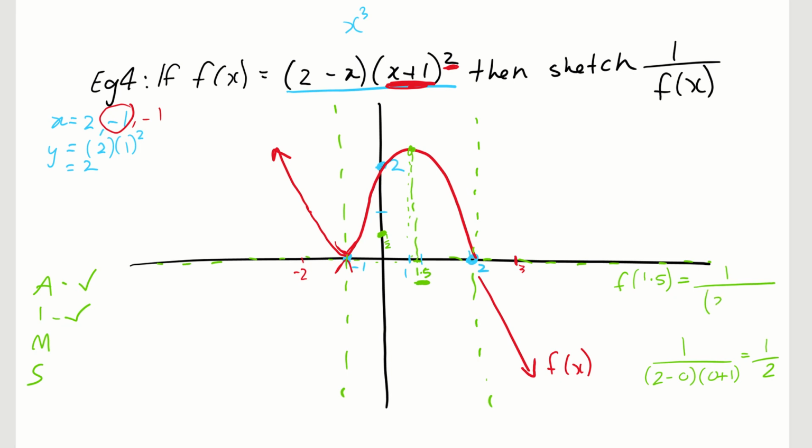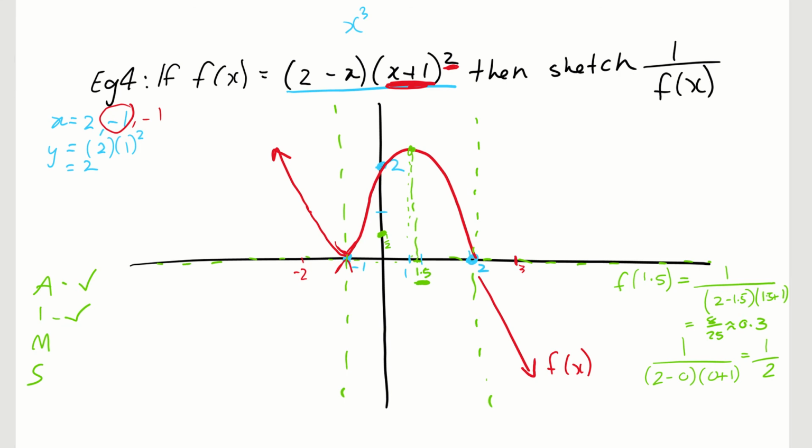When you do 2 minus 1.5 and 1.5 plus 1, you will get a y value of 8 on 25, which is approximately 0.3, just to give me an idea.